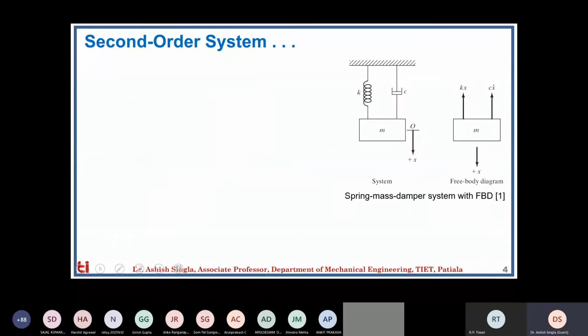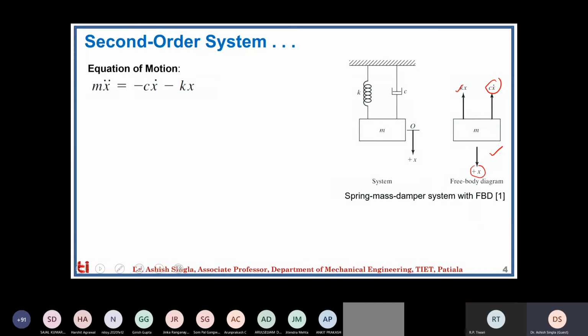So let's take the example of a simple spring mass damper system because we want to develop its parameters. This is a free body diagram of the spring mass damper system, where we have a mass M which is being displaced in the downward direction by amount x. As the body goes down, the spring will be stretched, so it will apply an upward force Kx, and the damper, which is supposed to oppose the motion, will give a force in the upward direction by Cx dot.